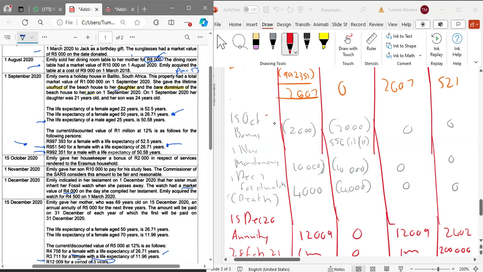There was no consideration that was provided. The mother provided consideration, but on the 1st of December 2020, there's no consideration transferred. Okay.